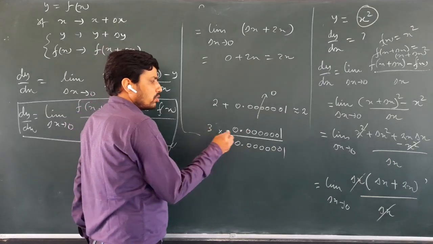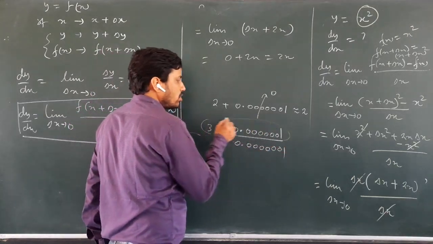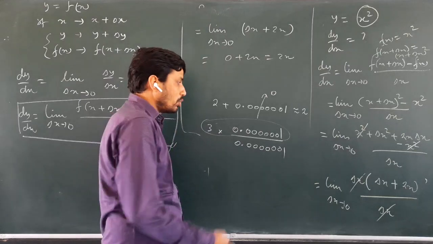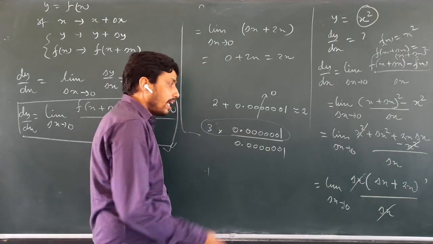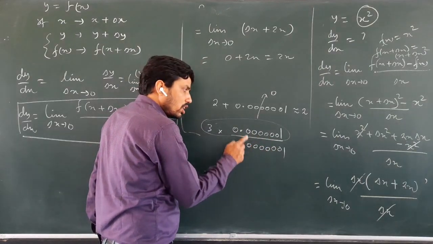So you can write 3 into 0. Here I will not write that 3 into 0 as 0, because I have something in the denominator, and we find that they are not equal to 0.